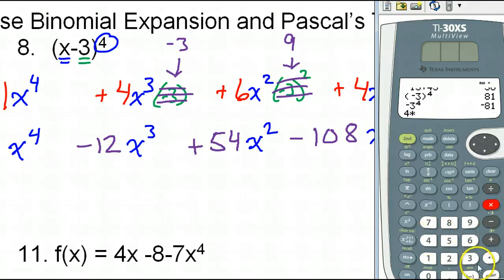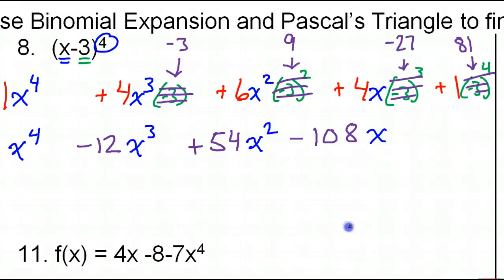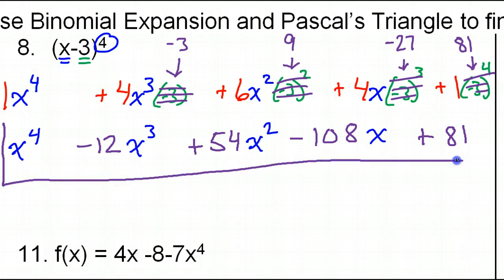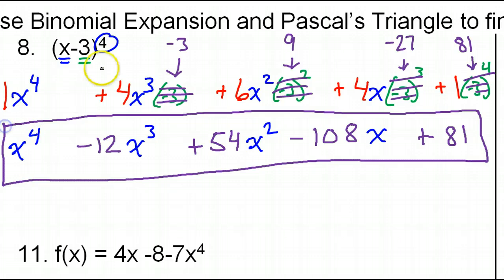Okay, 4 times negative 27. Yeah, negative 108. And then, of course, 1 times 81 is just 81. Alright, so that is the final answer using Pascal's triangle. Much quicker than doing it x minus 3 times x minus 3 times x minus 3 times x minus 3.